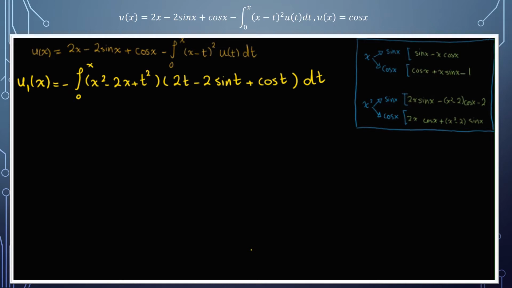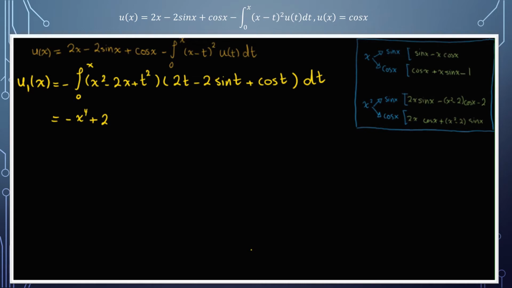So that will give us minus x squared, but here we have t, so it will be t squared over 2. 2 will go with 2, and it's from 0 to x, so it will be x squared. So we will have x raised to 4. Okay, the second term will be negative and negative, so it will be positive.